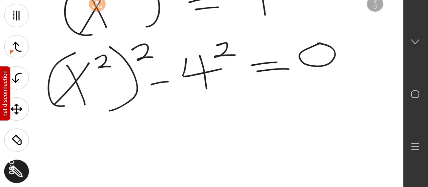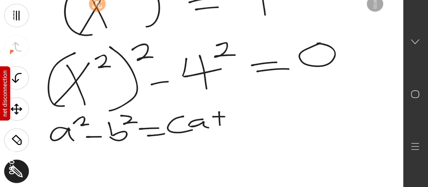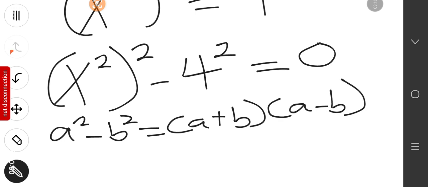Now, we are going to apply difference of two squares here. So let's state the formula: a squared minus b squared equals a plus b multiplying a minus b.